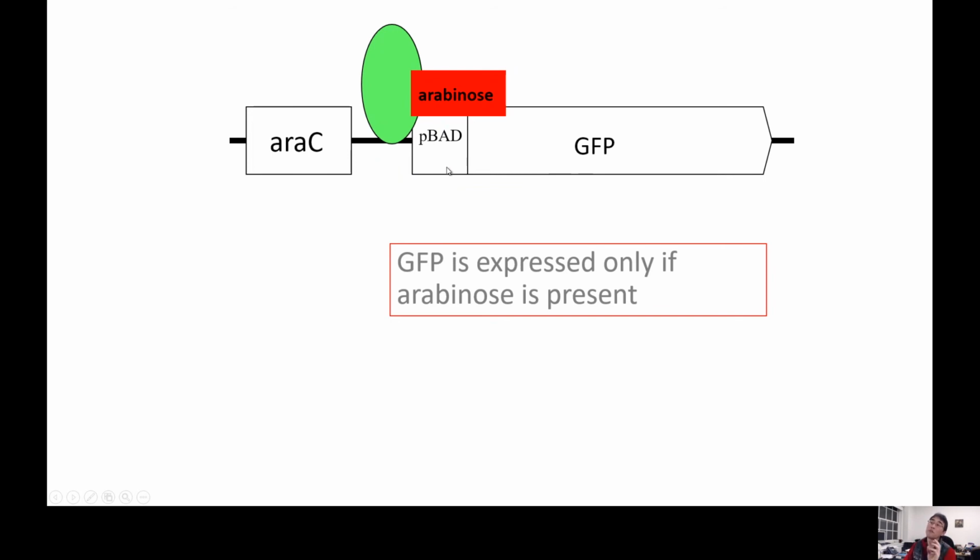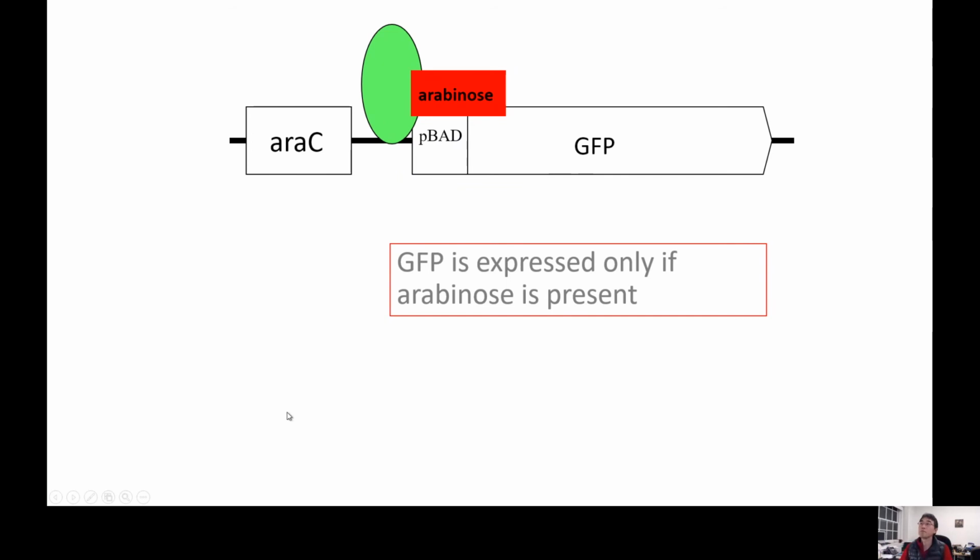But anyways, you have the PBAD region, and you have arabinose, and imagine that the ARA B, ARA A and ARA D region was replaced with GFP. So in this case, you have arabinose. Again, the ARA-C protein is still clinging on, but it moves out of the way by changing its conformation, going from here to here, and then expression can start taking place.